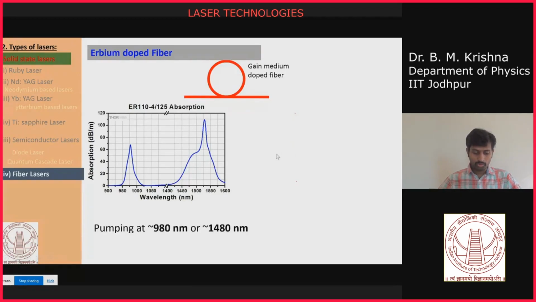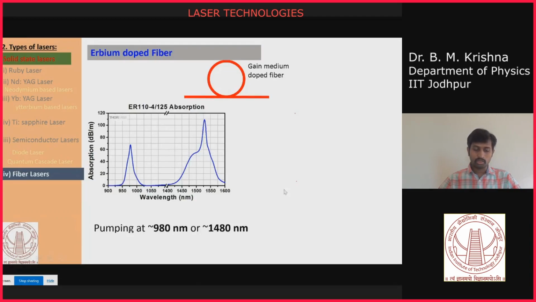Okay, so now your pumping is peaking at 950 nanometers, so that you have a greater absorption around the peak. And also you can pump at 1480 nanometers. The reason is there are spontaneous emission photons here.